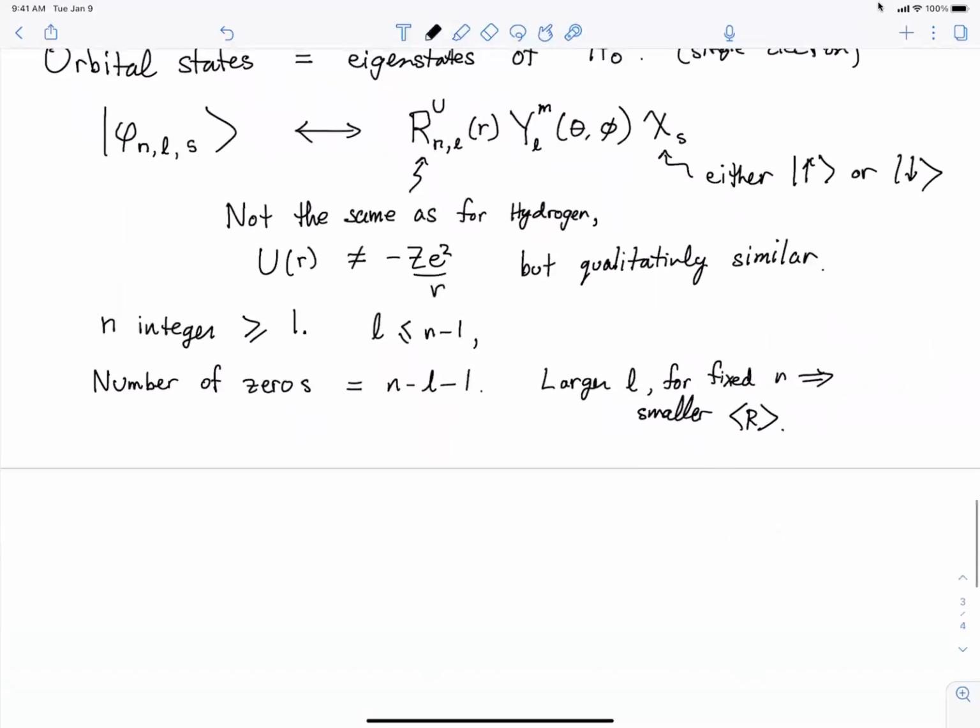Okay, and then last but not least, I should tell you what the unperturbed energy eigenvalues are, or something about them. So these will increase with n. One way of thinking about that is just that the number of zeros is increasing with n. And if the number of zeros is increasing with n, that means the function has to wiggle more, because it has to wiggle up and down, right?